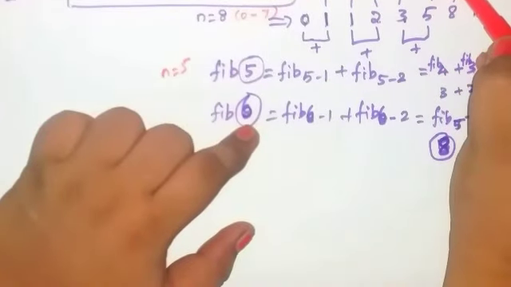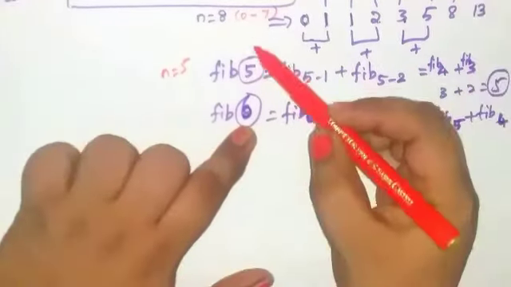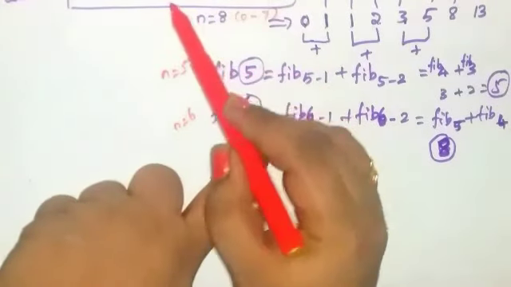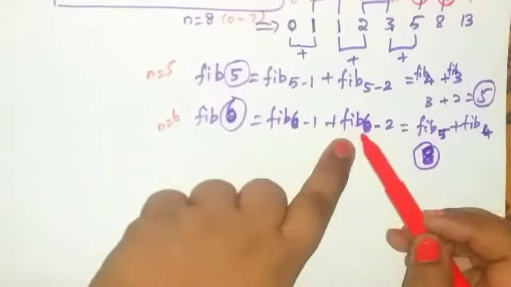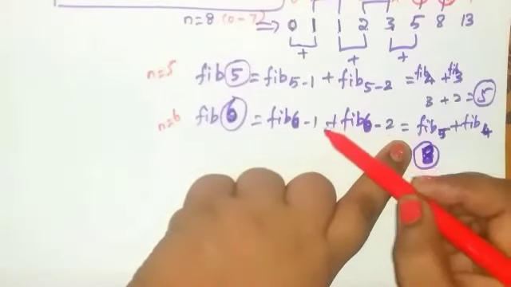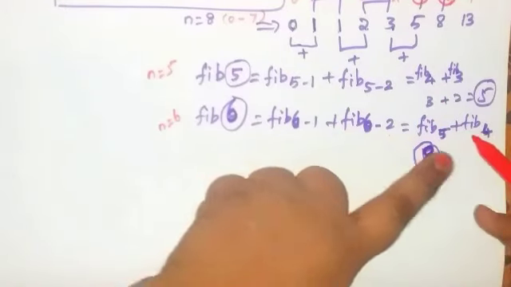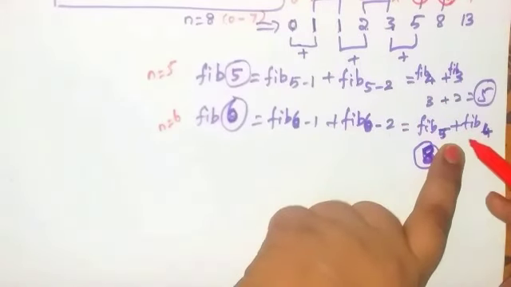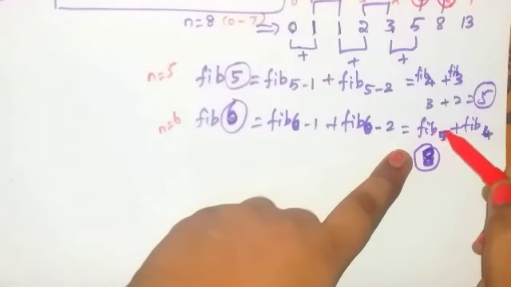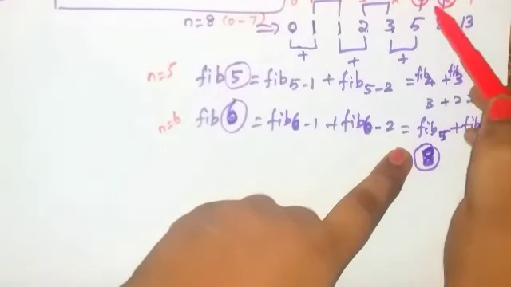Next, if you want to calculate the 6th element, n is equal to 6. Fib(6) is equal to Fib(6 minus 1) plus Fib(6 minus 2), which means Fib(5) plus Fib(4). See here, which element is stored at index position 5?